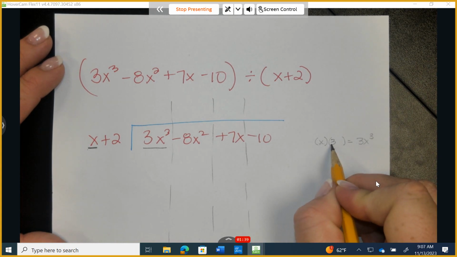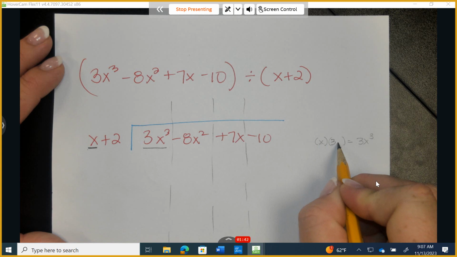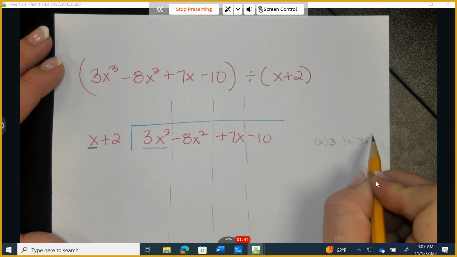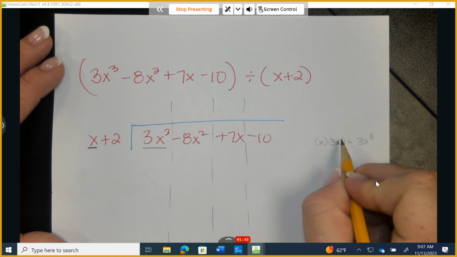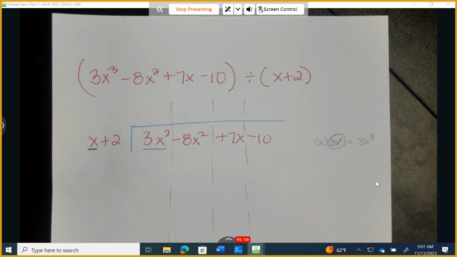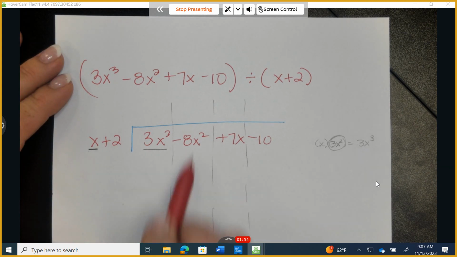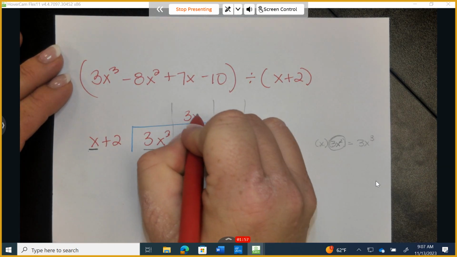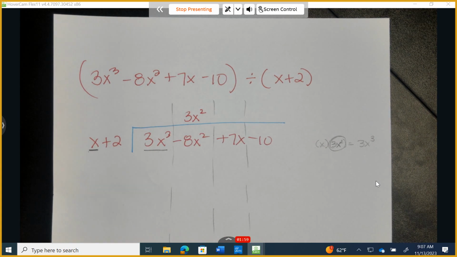That would be 3. And x times what amount of x's would give you x cubed? The way we think of that is I need 3 x's, I only have 1. I need 2 more. This is the quantity that I'm selecting. So 3x squared is the quantity. I go to this x squared and I put a 3x squared on top. I've selected the correct quantity.